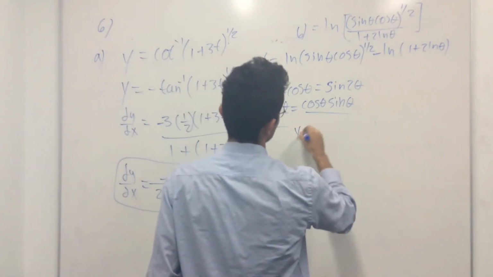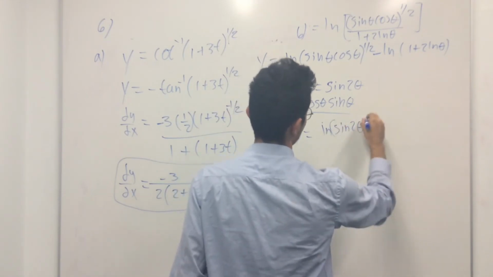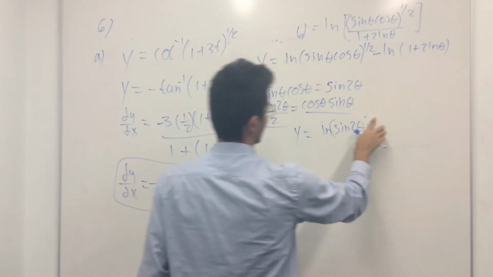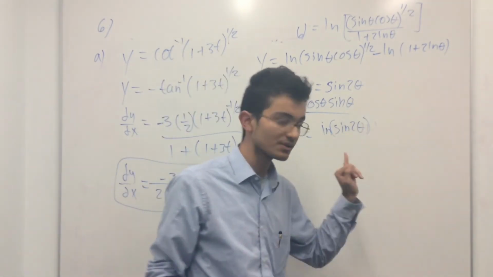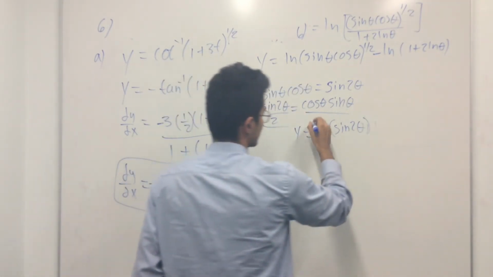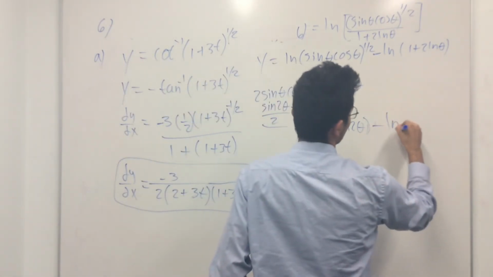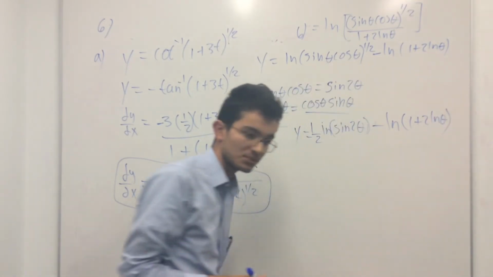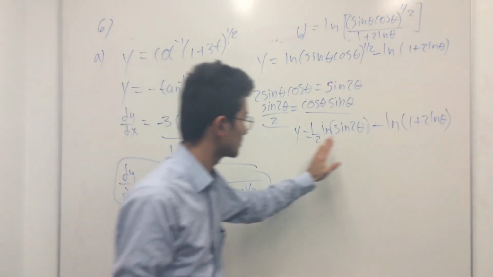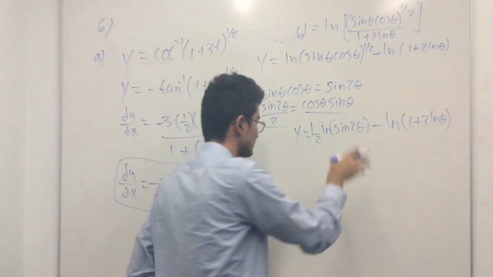So we have y equals ln of sine of 2 theta to the power of 1/2, and of course, thanks to the power rule for logarithms, we can bring the 1/2 outside, so that's 1/2 in the front, and then we have minus ln of 1 plus 2 ln of theta. Now it makes it easier. Now we're going to take the derivative of this.